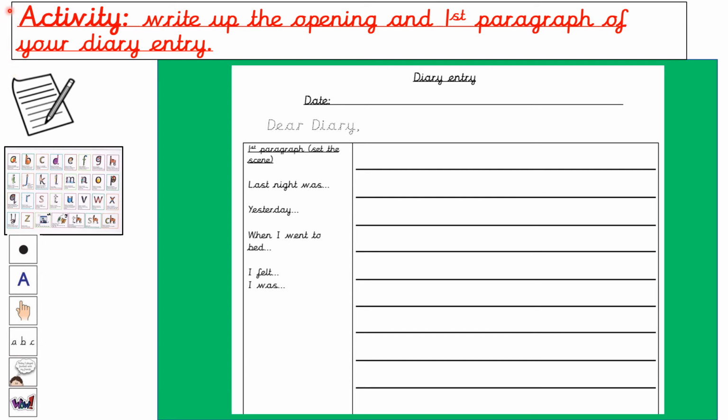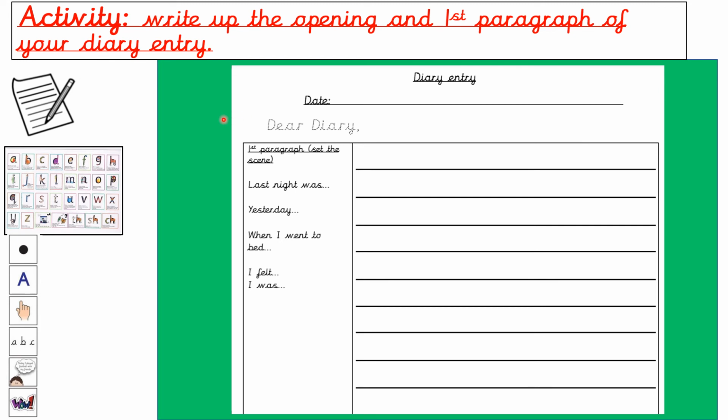Okay, let's just quickly go over the activity again. So today's activity will be writing up just the opening and the first paragraph of your diary entry. So you've just seen how I would use my plan to help me write my first paragraph, and you will be doing the same for yours.